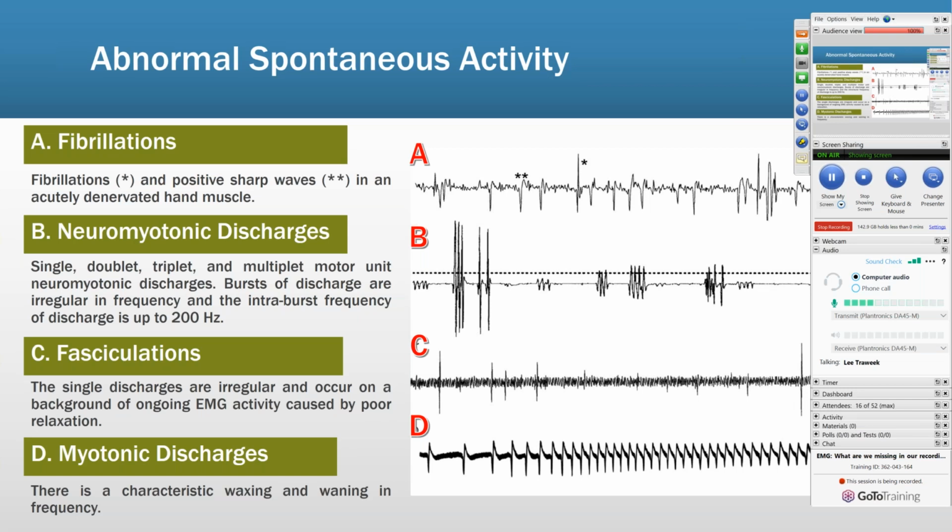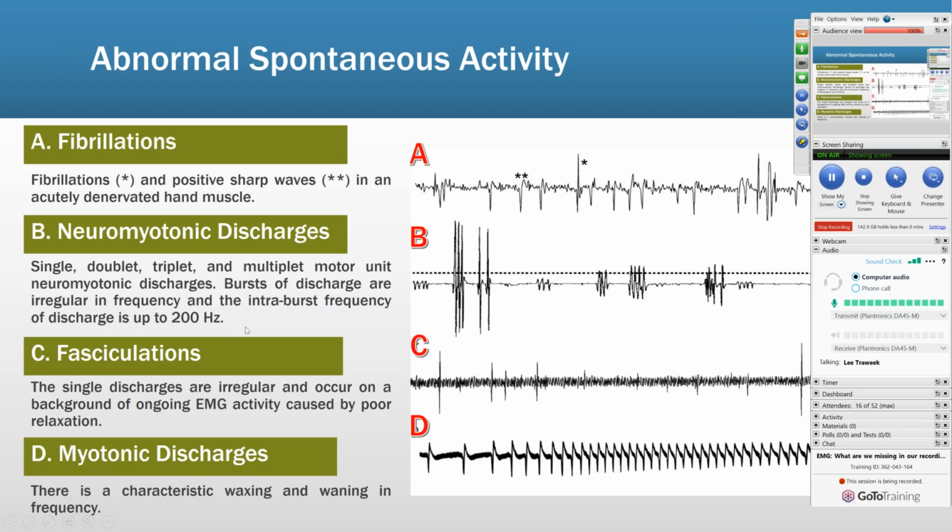It takes 3 to 5 days to cause Wallerian degeneration, and after 7 to 10 days, the muscle becomes very hypersensitive and keeps firing continuously. So fibrillation is the first trace, caused by a cut or damaged nerve, and you can see the positive spike waves on the baseline EMG when you start the baseline EMG.